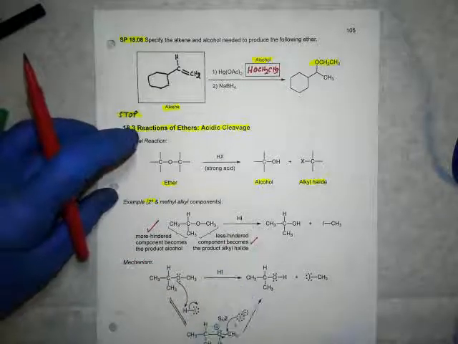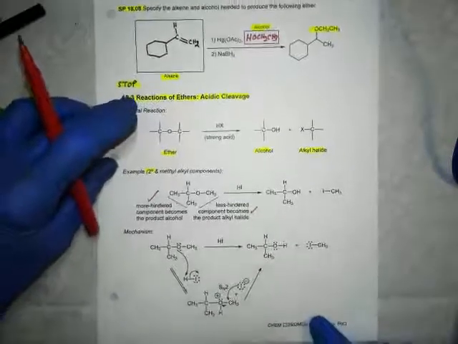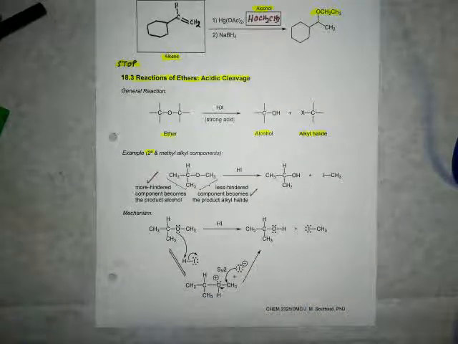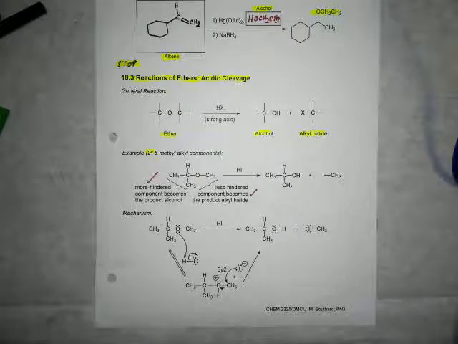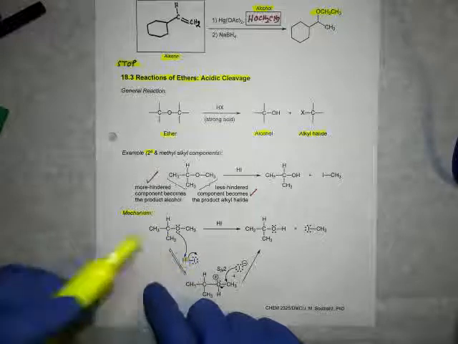Now, as you know in organic chemistry, to understand how these things occur, we'll always look at a mechanism. So let's go ahead and move to the bottom of page 105 and talk about the actual mechanism that's taking place. So here's the ether, and here's a strong acid.